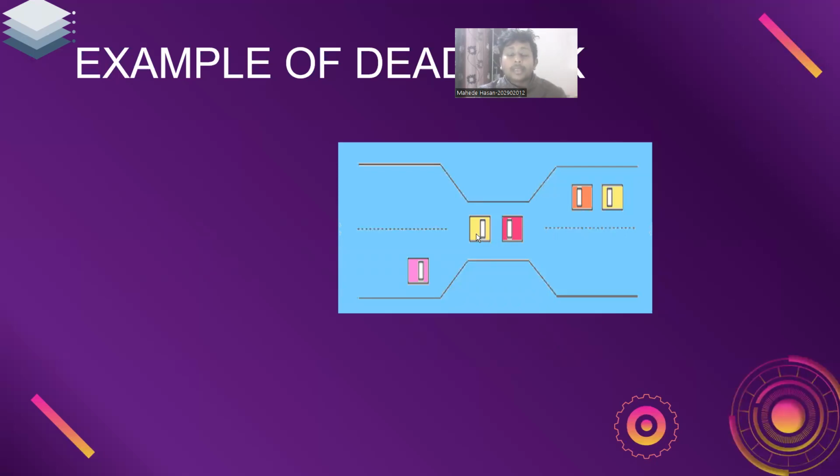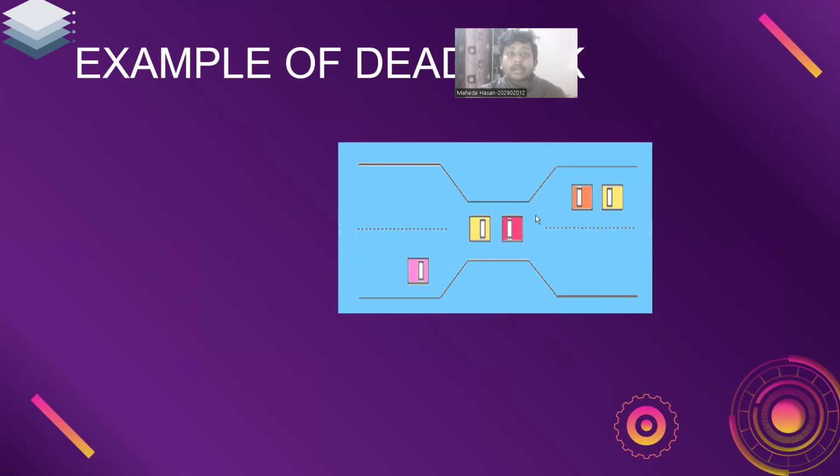Now one of the cars can move further and has entered a waiting state. As it is a one-way road, both cars cannot move forward at the same time. We can say that the road is a single instance resource. So this is the example of deadlock.